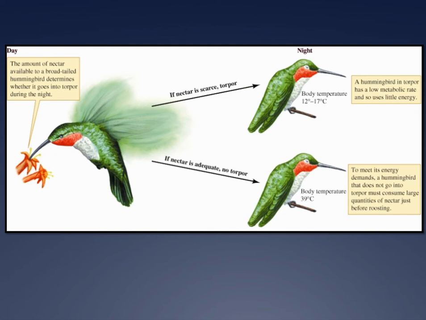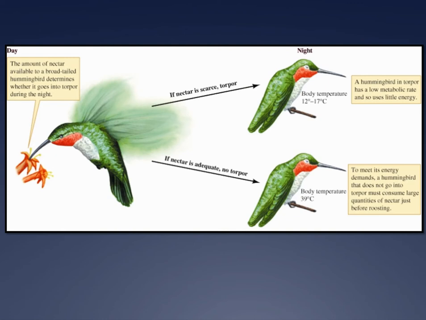So it raises the question. Overall, throughout the course of a year, if you think about a hummingbird, what's the term that best applies? Well, they're endotherms, but are they homeotherms? Well, on the bottom, with plenty of nectar, yes, they're homeothermic endotherms like a mammal.